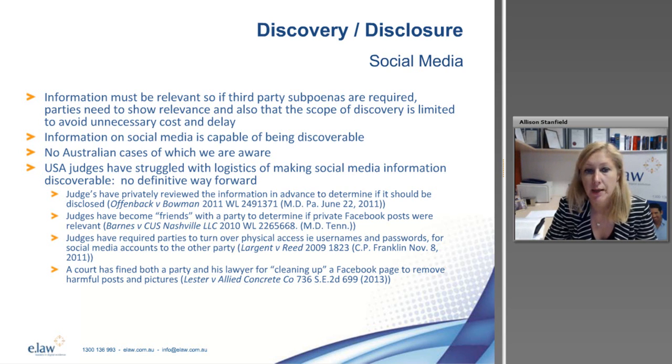There's no Australian cases of which we're aware that really deals with this issue on point, but there's several US cases, and some of the ones I've mentioned here are Offenbach and Bowman, where the judge privately reviewed the information in advance to determine if it should be disclosed.